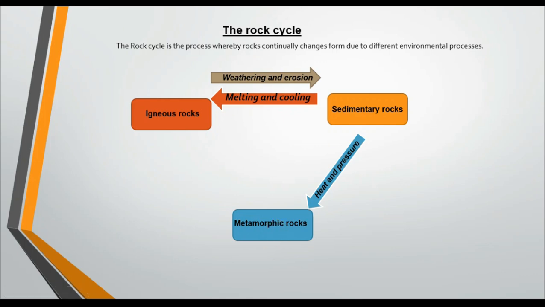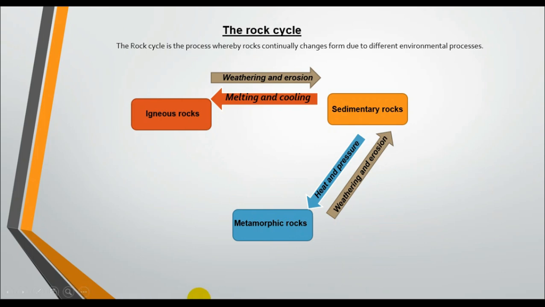So how do these metamorphic rocks turn into sedimentary rocks? Same thing that happened here. This metamorphic rock is weathered and eroded, then it is deposited and lithifies to form sedimentary rocks. If you know the formation of each rock, this process is very simple.